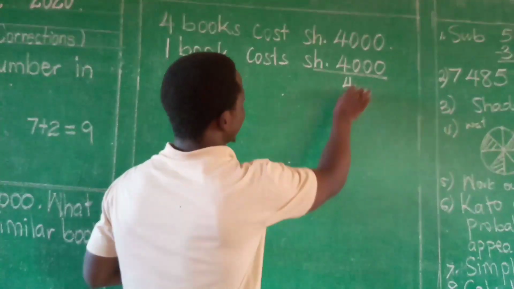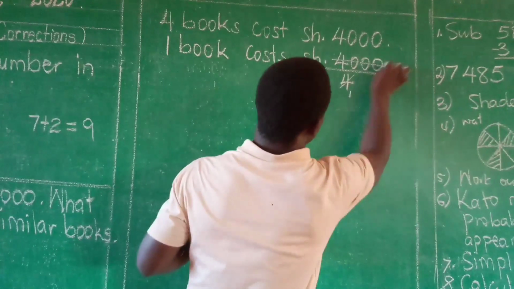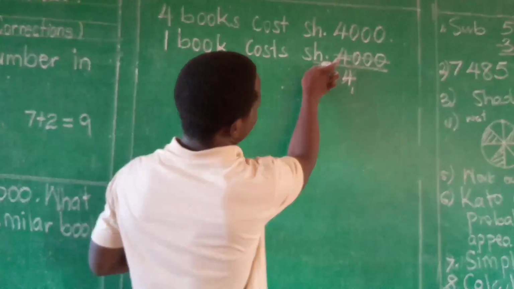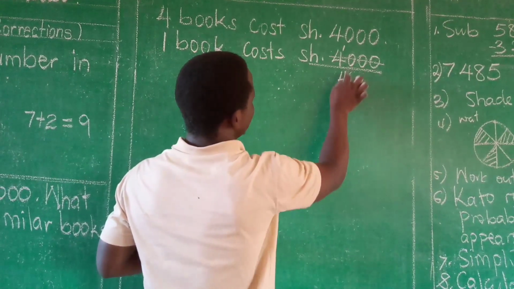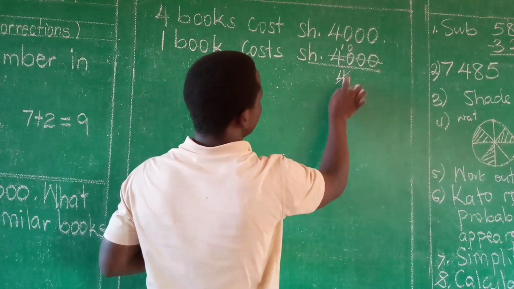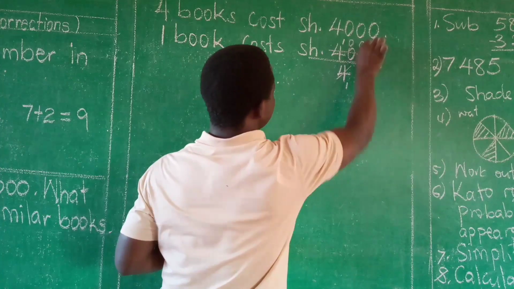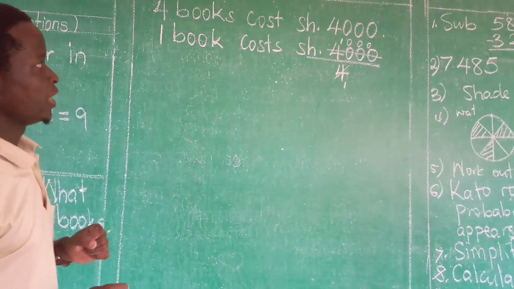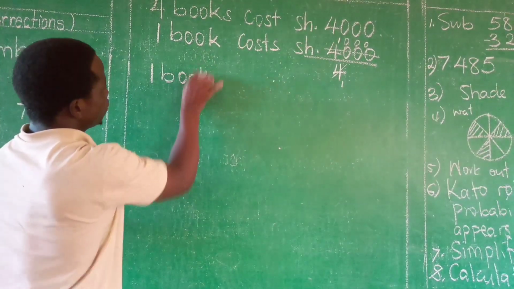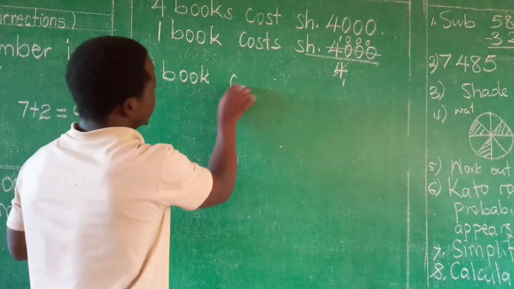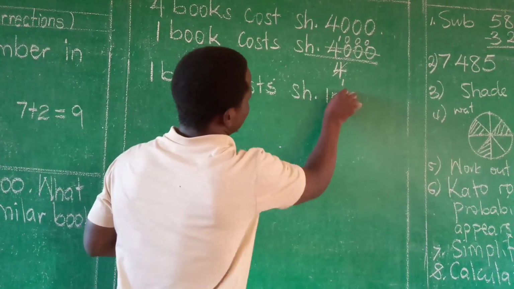Let's try to divide here. 4 divided by 4, we get 1. How about 4,000 divided by 4? First take 4. 4 divided by 4 is 1. 0 divided by 4, 0. 0 divided by 4, 0. And 0 divided by 4, another 0. What do we have there? 1,000. So we discover that one book costs 1,000 shillings.